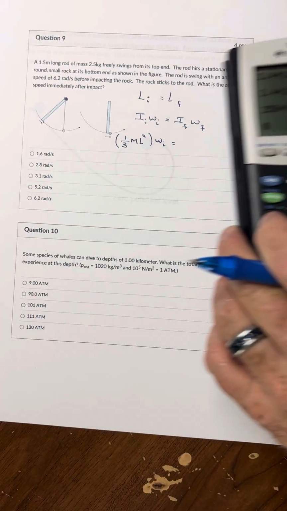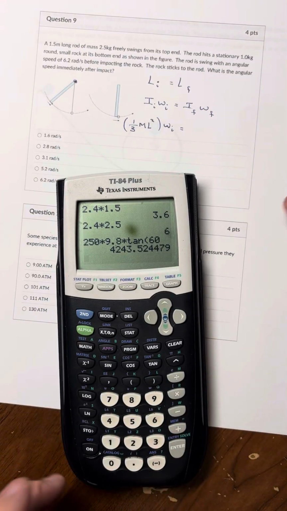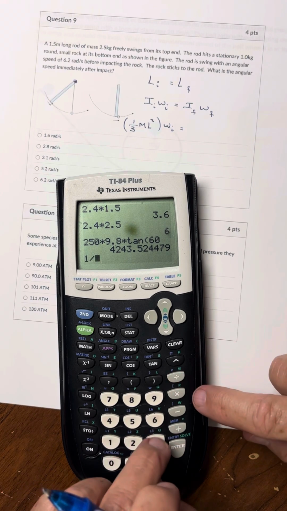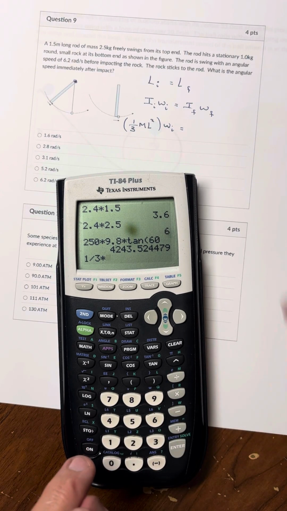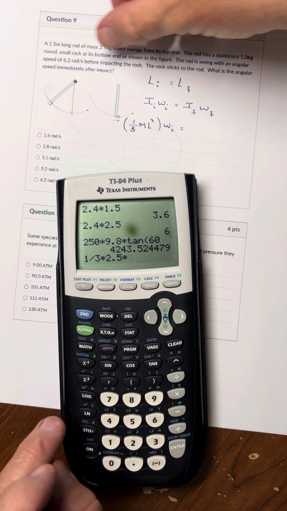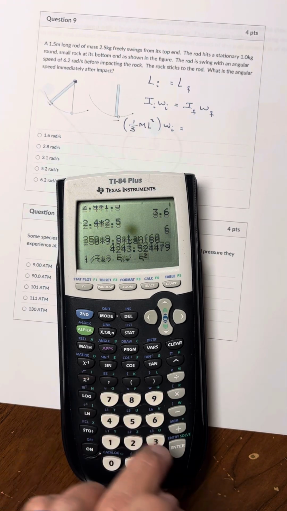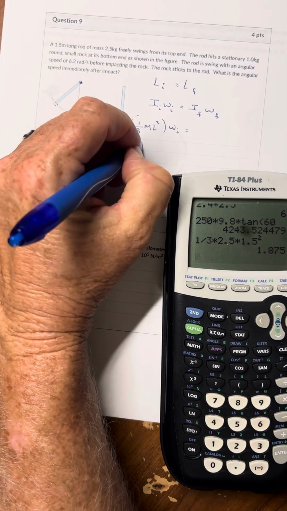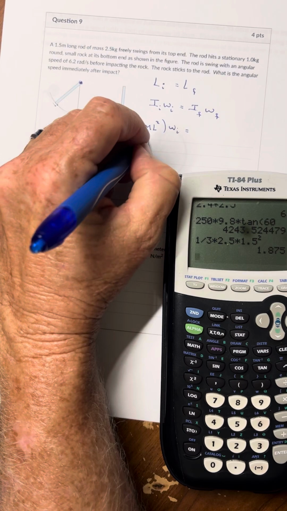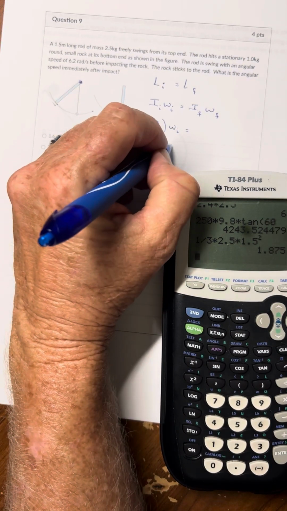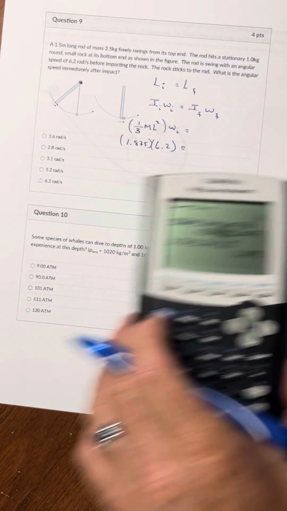So in this case, that angular momentum is 1 divided by 3, times a mass of 2.5, times a length of 1.5 squared. So we have 1.875 for the moment of inertia of the rod, and an initial speed of 6.2.